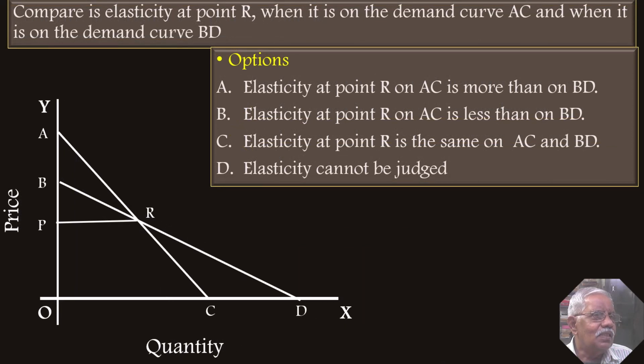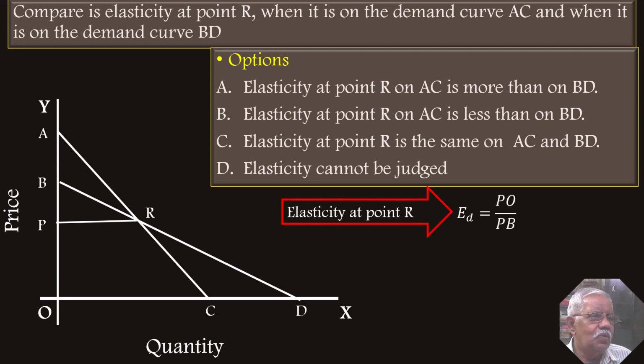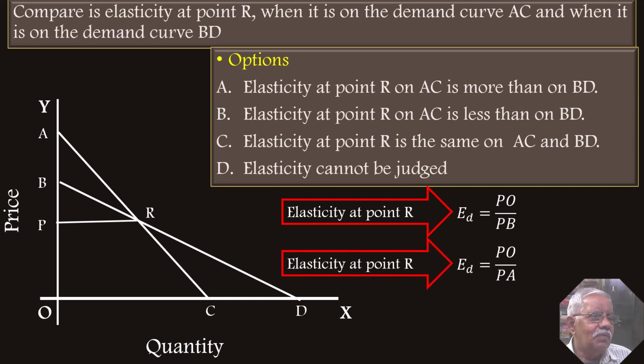In the last case, demand curves AC and BD with different slopes cut each other at point R. We shall examine the elasticity at point R with reference to the two demand curves. Take the demand curve BD first. With reference to the demand curve BD, elasticity at point R is PO by PB. With reference to the demand curve AC, elasticity at point R is PO by PA.